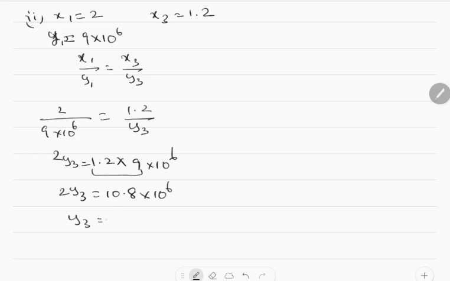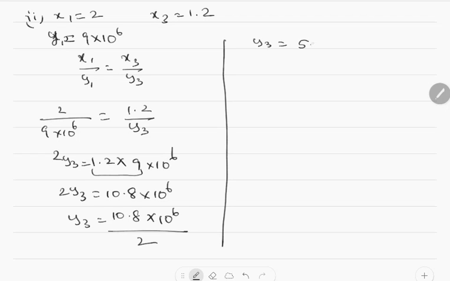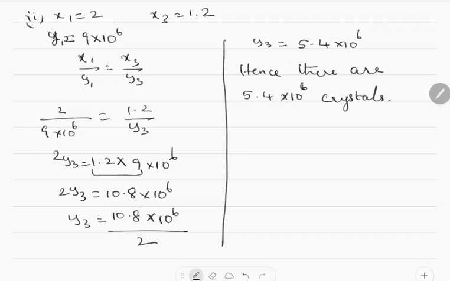So y3 will be 10.8 into 10 power 6 divided by 2. y3 is 5.4 into 10 power 6. Hence there are 5.4 into 10 power 6 crystals.